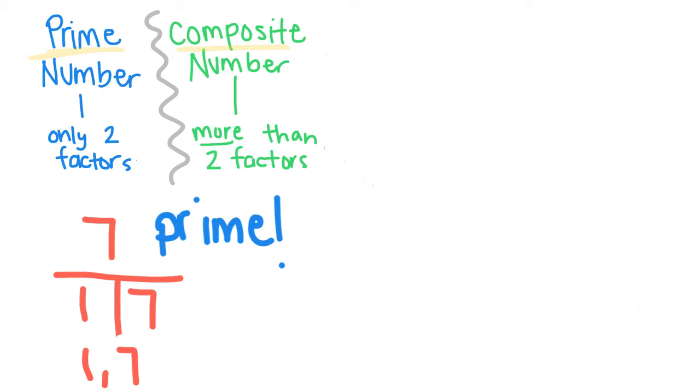Not too tricky. Okay, let's look at another example. Let's do the number 9. We'll do our little T-chart and we'll start with 1. 1 times 9 would equal 9. What about 2?